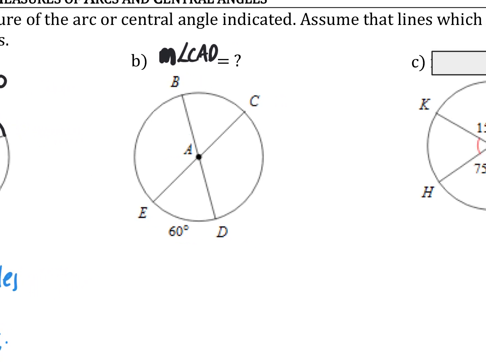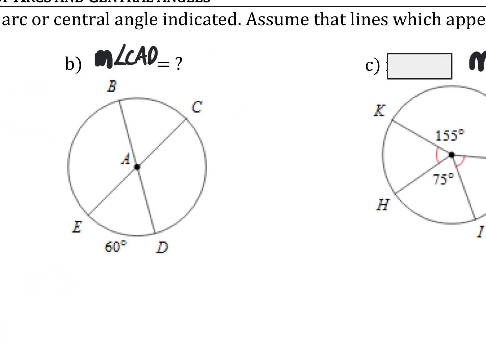Okay, let's go for letter B. They're asking us to find the measurement of angle CAD. CAD is this part. We said earlier that the size of the arc is the same as its central angle. Therefore, the central angle here is 60 degrees. This is a diameter, and a diameter creates a half circle.